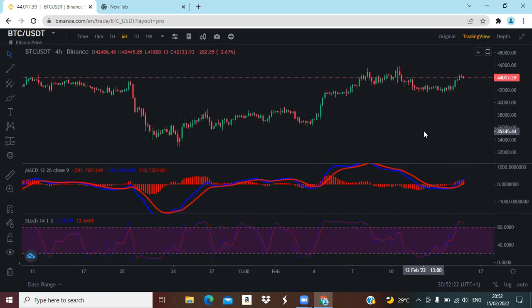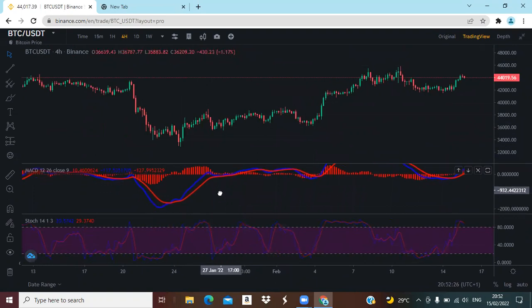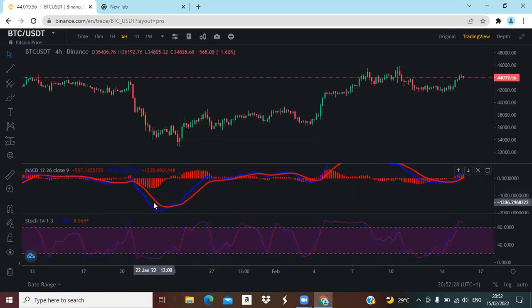When the MACD line and the MACD signal line are down in this formation, not crossing each other totally but about to cross, and you see the stochastic at oversold condition.